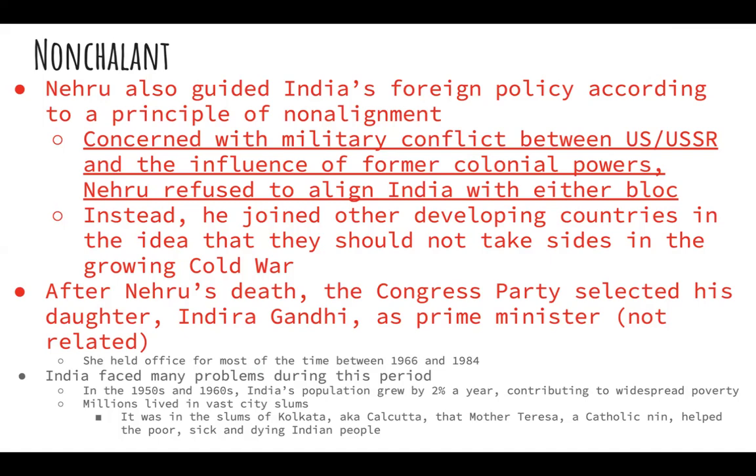In the 50s and 60s, India's population grew by 2% a year, contributing to widespread poverty. Millions lived in the vast city slums. It was in the slums of Kolkata, aka Calcutta, that Mother Teresa, a Catholic nun, helped the poor, the sick, and the dying people there.